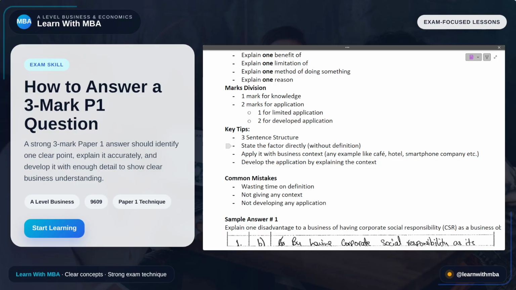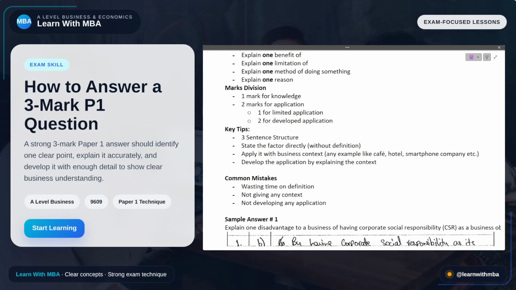This is one of the problems that students have in their exams: they start defining the term. The examiner does not expect you to define it, and there are no marks for definition. So don't waste time giving textbook definitions in a 3 mark question. If the question says explain one advantage, then start with the advantage right away.